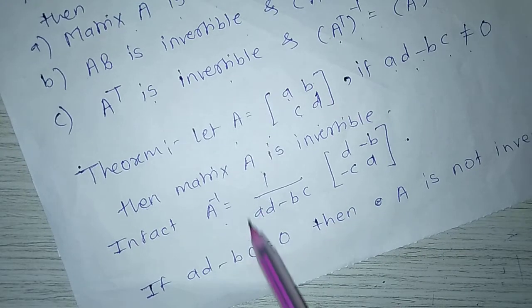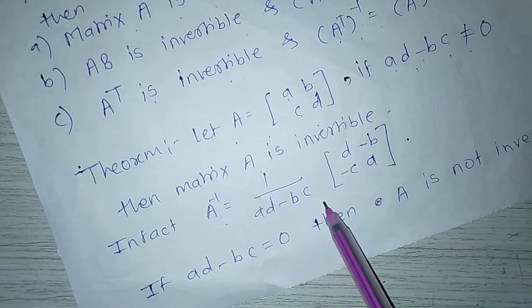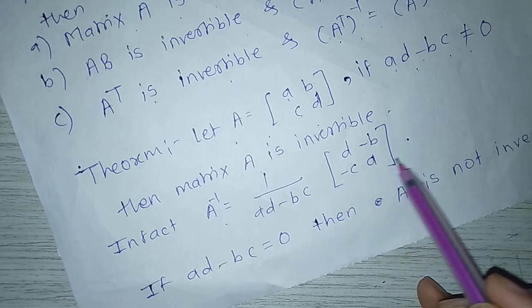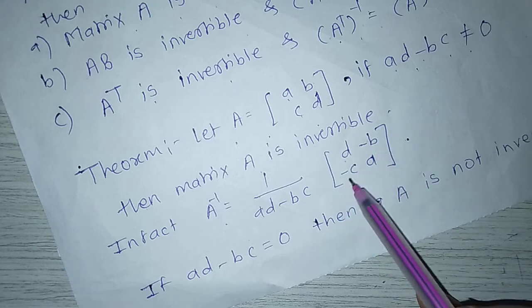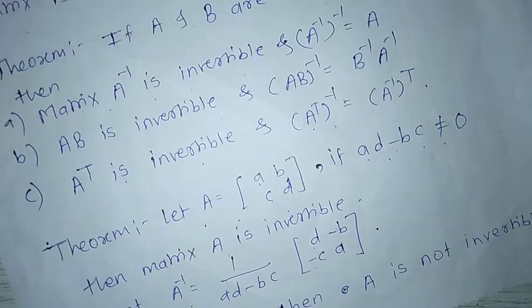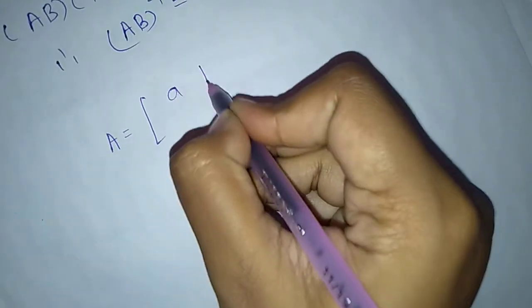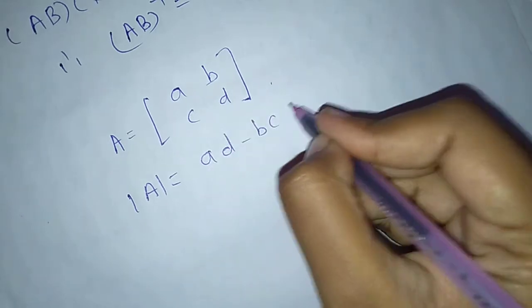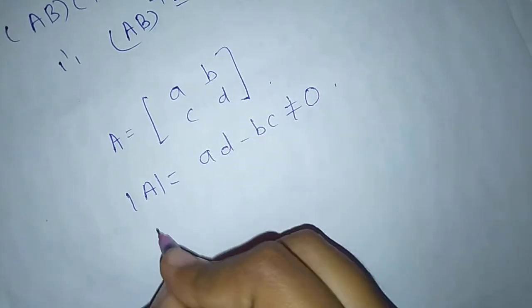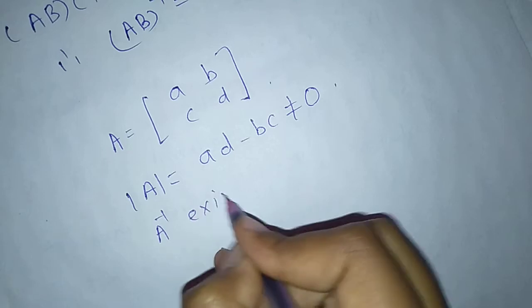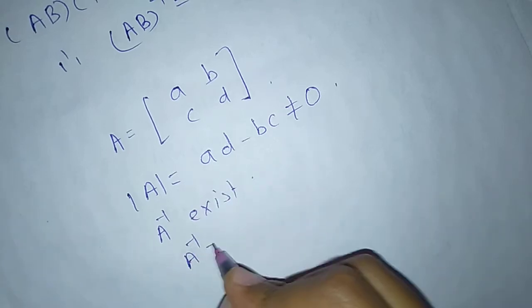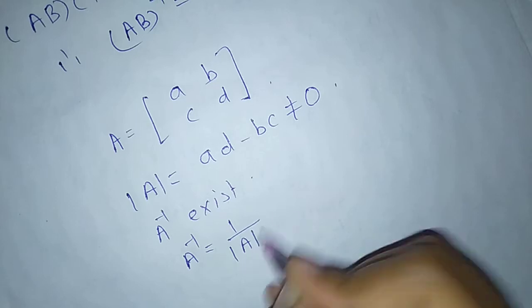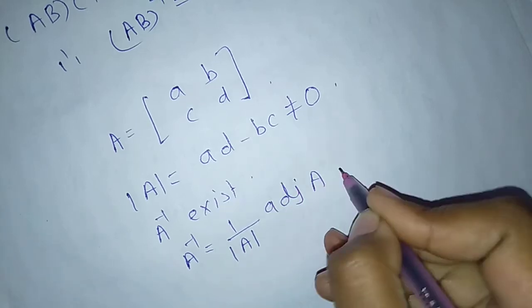In fact, A inverse equal to 1 upon ad minus bc into 2 by 2 matrix with entries d, minus b, minus c, a. Means if you have 2 by 2 matrix A equal to a, b, c, d, and determinant of A means ad minus bc is not equal to 0, means A inverse exists, and A inverse equal to 1 upon determinant of A into adjoint of A.